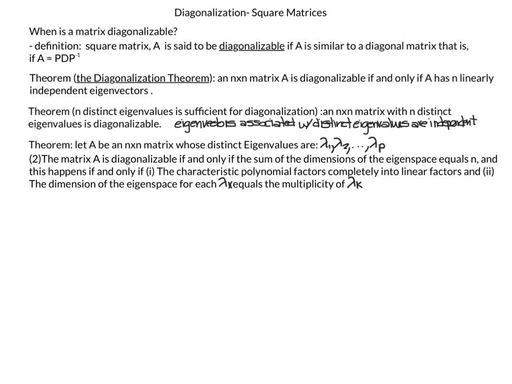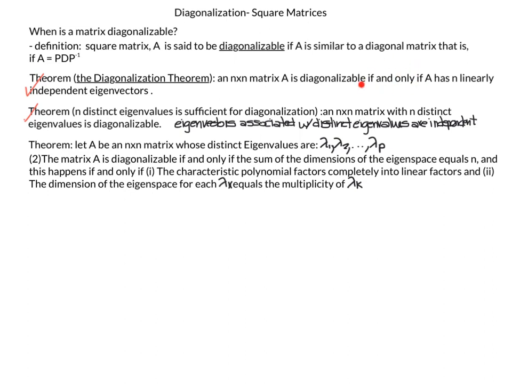So I'm trying to keep track of the theorems that tell us when a matrix is diagonalizable. So far we've had the first theorem, which said a matrix is diagonalizable if and only if A has n linearly independent eigenvectors. And then we just covered this theorem, which says that a matrix with n distinct eigenvalues is diagonalizable. These two theorems are related, with two differences.